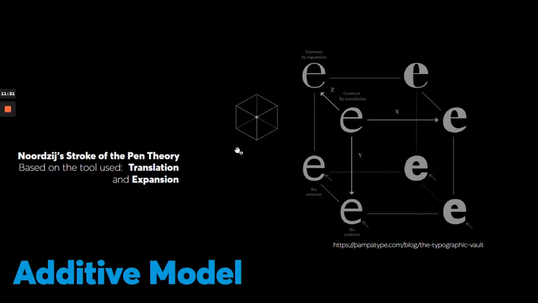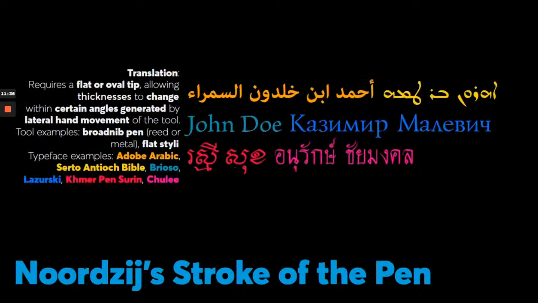Now, for the additive model, we have here Noordzij's stroke of the pen theory. So there are two main ways to do it, by translation or by expansion. In the translation tool, it requires a flat or oval tip, allowing the thicknesses to change within certain angles generated by lateral hand movement of the tool.